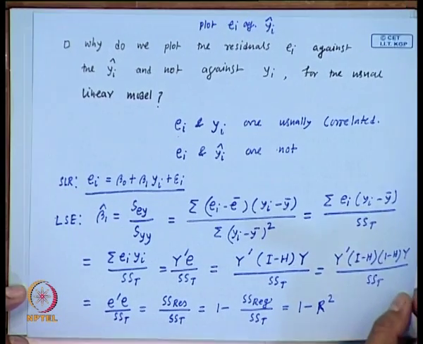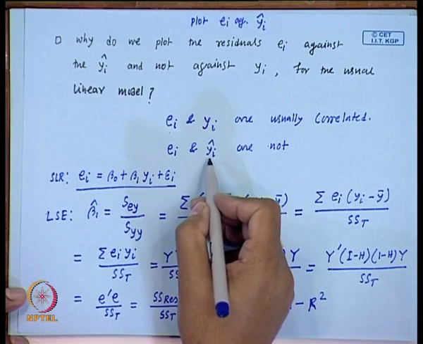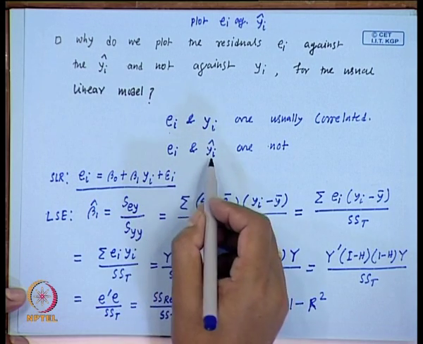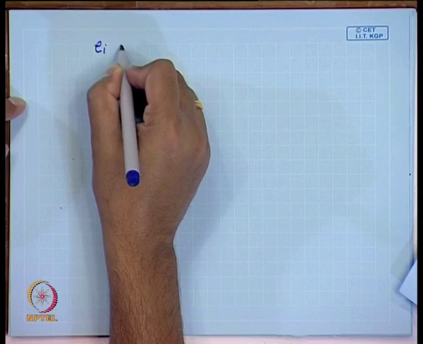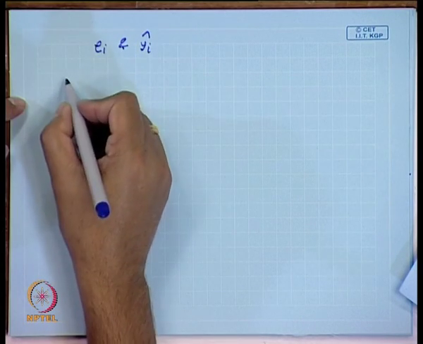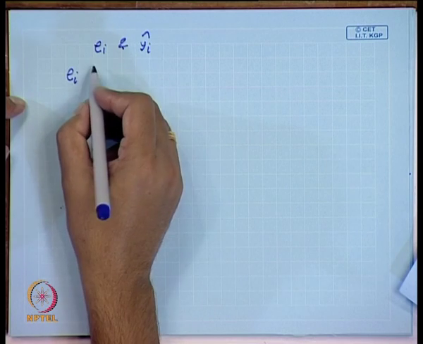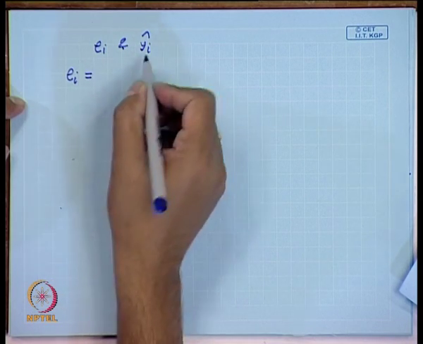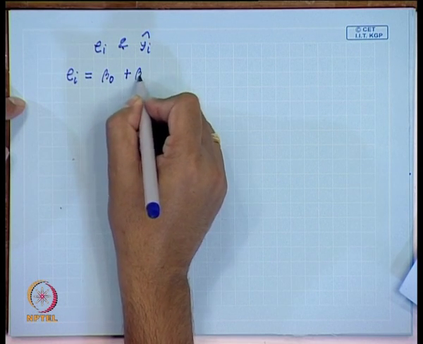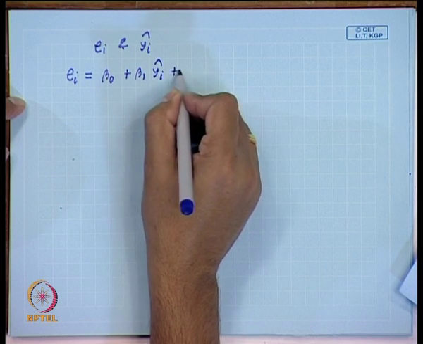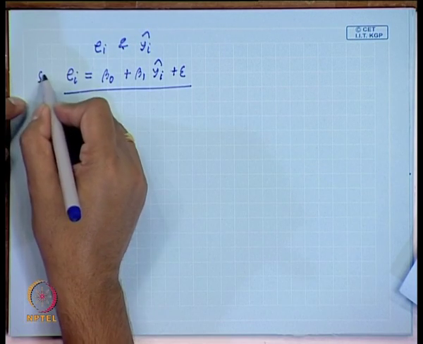Well, let me check with y I hat whether there is a linear relationship between E I and y I hat. We can prove that the slope is 0 in that case. Suppose there is a linear relation between E I and y I hat, and the relation is E I equal to beta naught plus beta 1 y I hat plus epsilon, like that, simple linear regression.